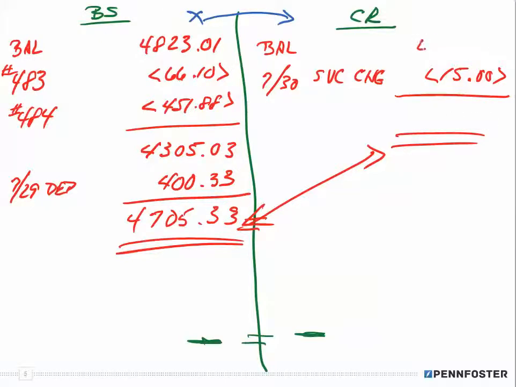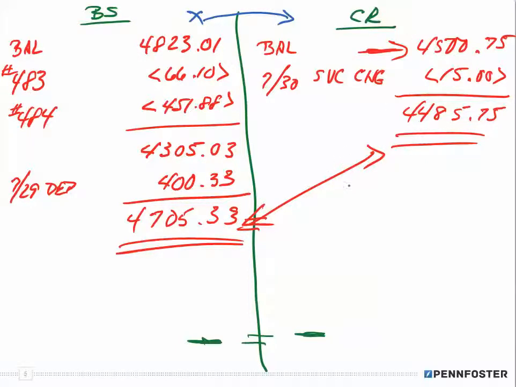Let's say that was $4,575. Okay, so now when I subtract that from 984, I have a balance on my check register of 4485.75. Well, that doesn't equal the 4705, because I made this mistake, right?